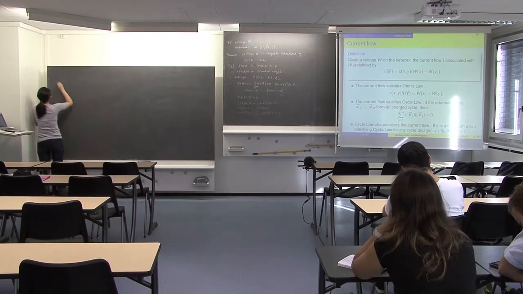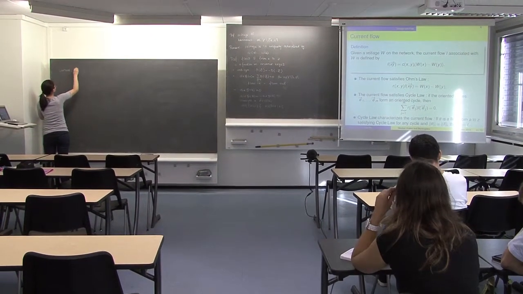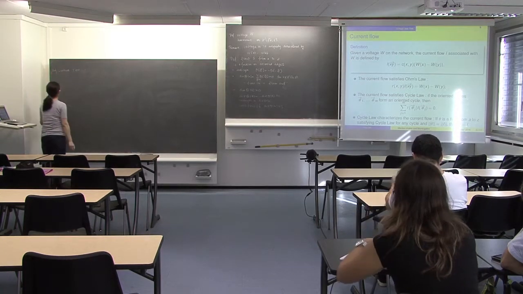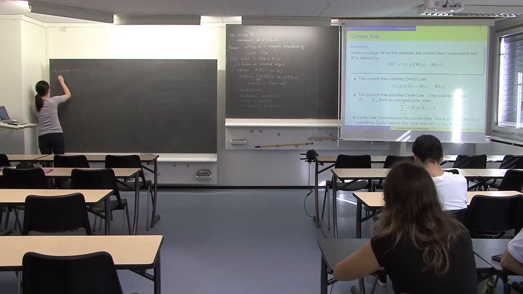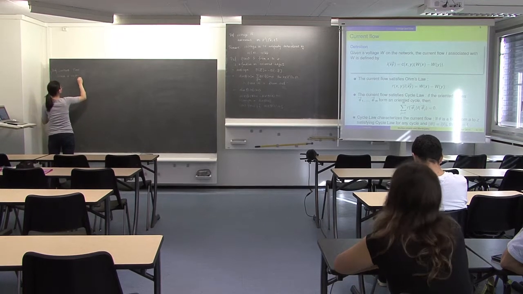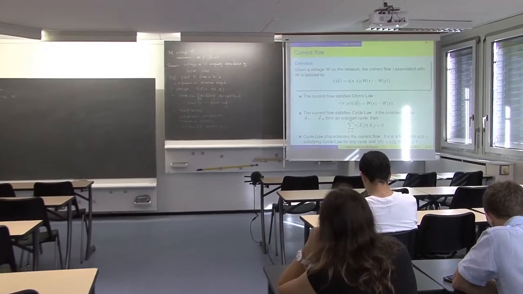Okay, a current flow. So given a voltage, we define a flow in the following way.